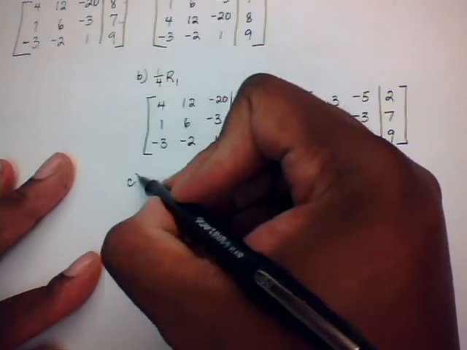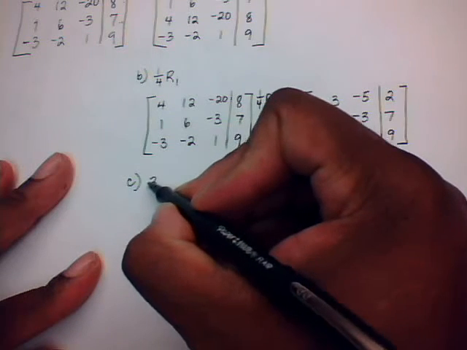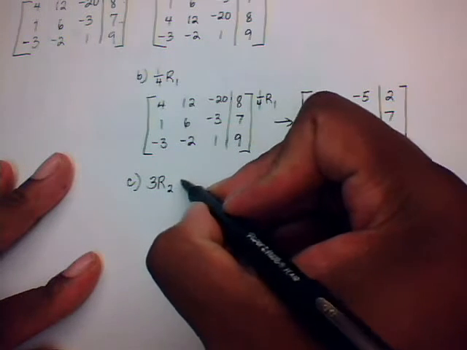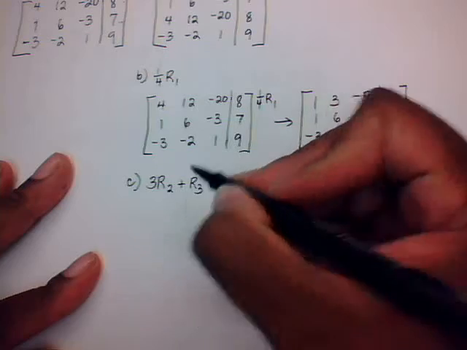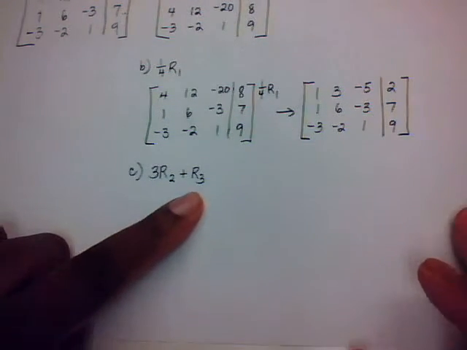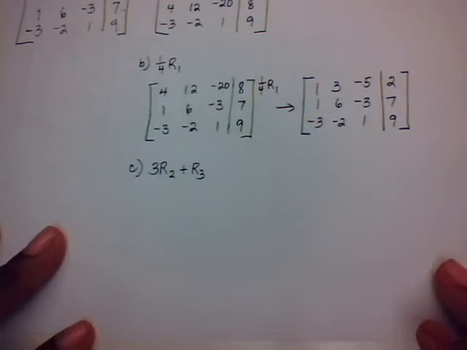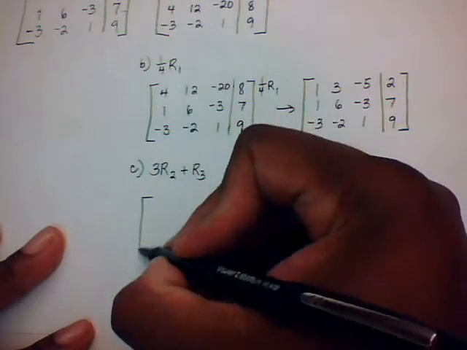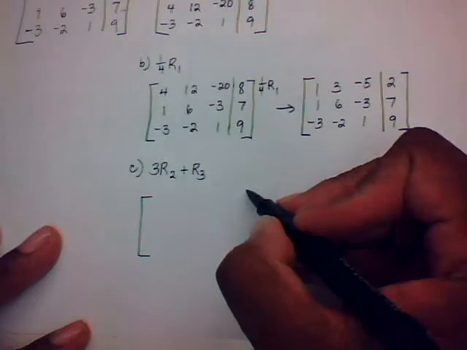Okay, and then part C. Now let's look at this one. We got 3 times row number 2, and we're going to add to it row number 3. In this case, row number 3 is going to change. Okay, so let me rewrite the original matrix that we started off with.